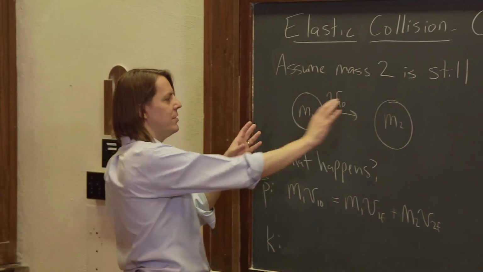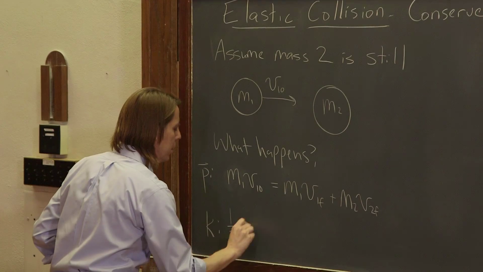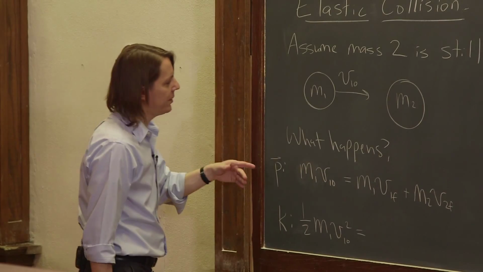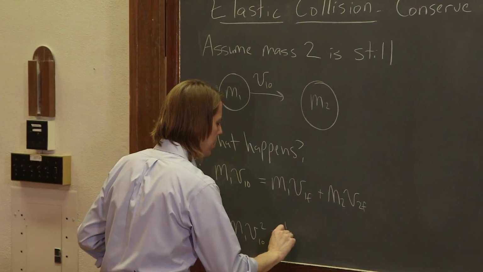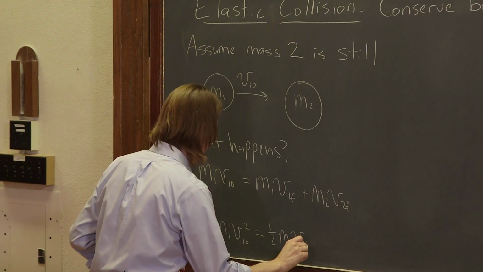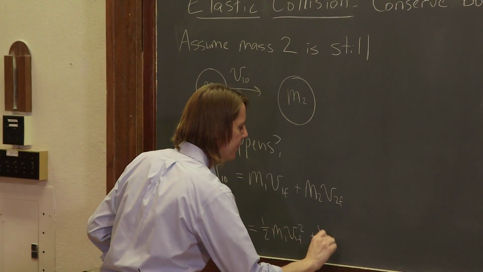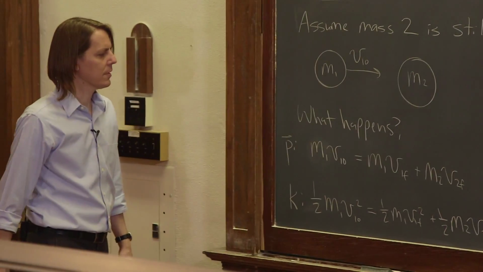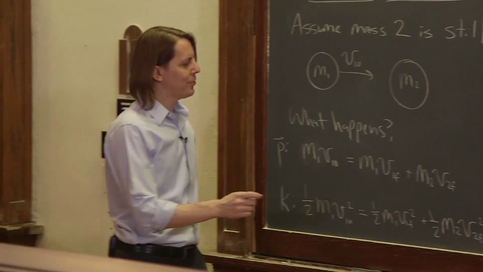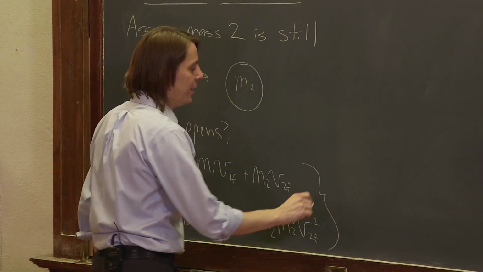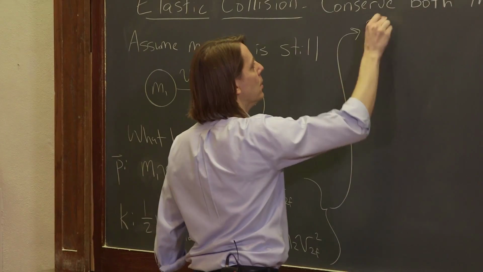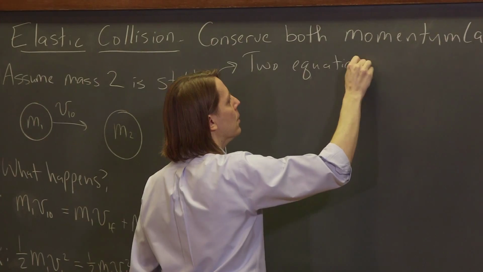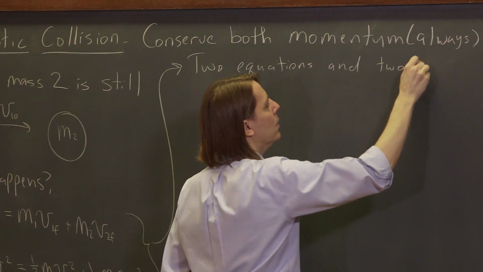Initially, this has no kinetic energy, so it's 1/2 m1 v1 naught squared, and the final is 1/2 m1 v1f squared plus 1/2 m2 v2f squared. So in principle we're in good shape because these are two equations and two unknowns.